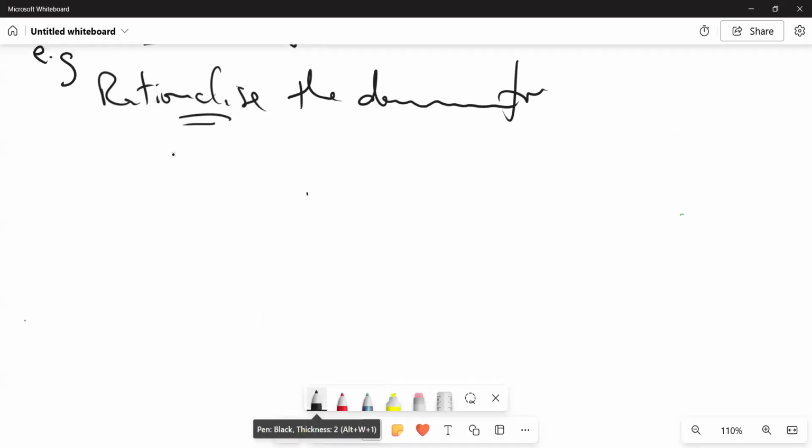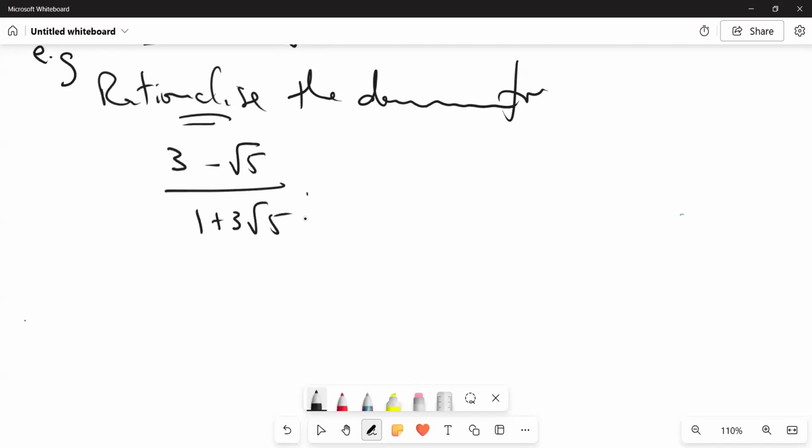Look at this one. You have 3 minus root 5 over 1 plus 3 root 5. So let's say you have to rationalize that denominator. So this is what you do.